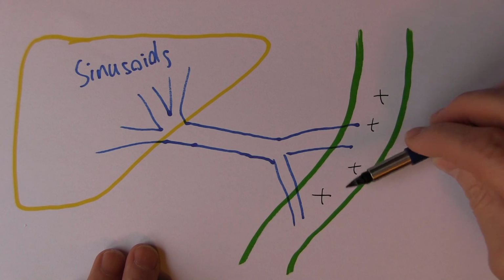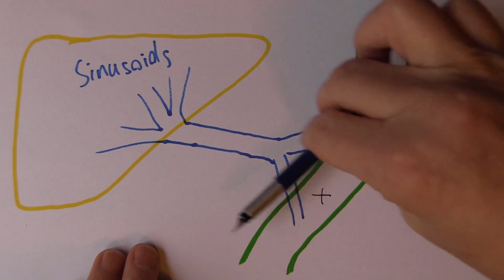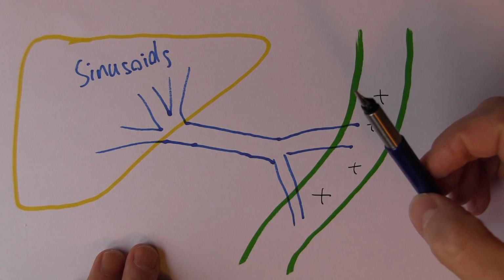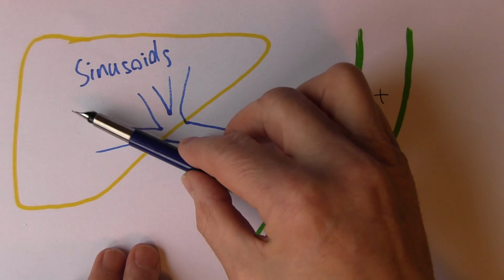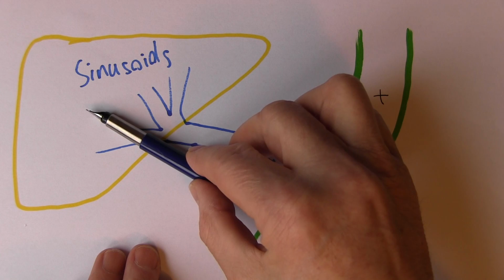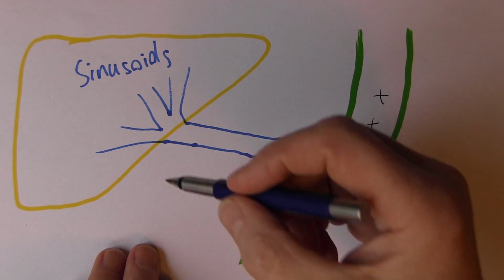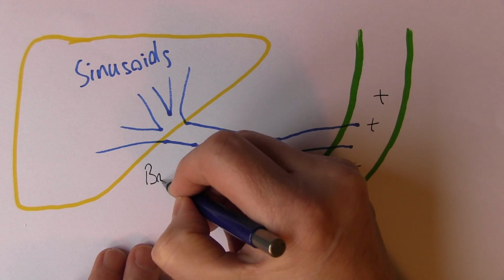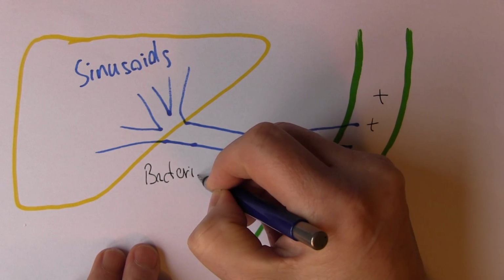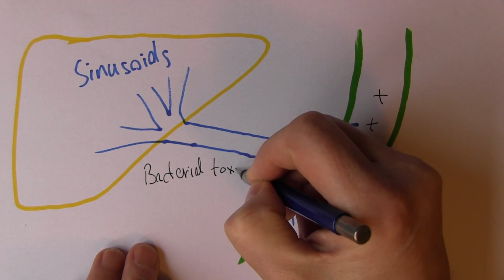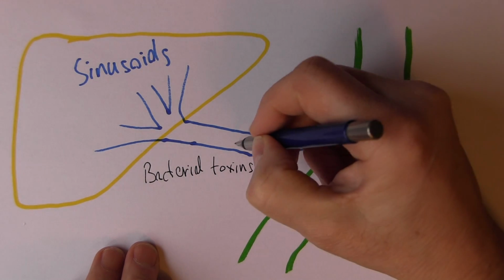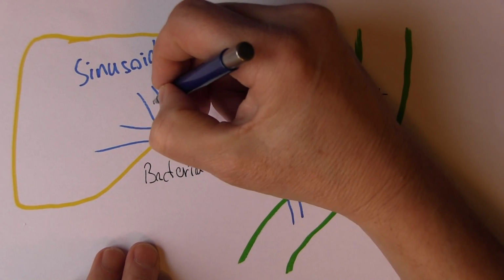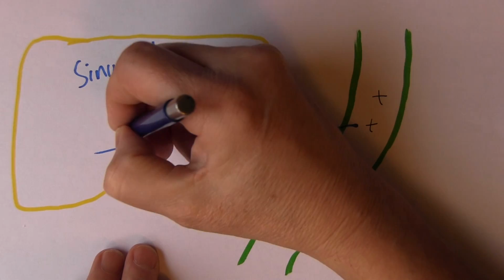Now, we don't want these bacterial toxins to go directly back into the systemic circulation, because they would circulate all around the body. Because it's the liver that breaks down toxins. So bacterial toxins will go from the gut to the liver, into the liver sinusoids.